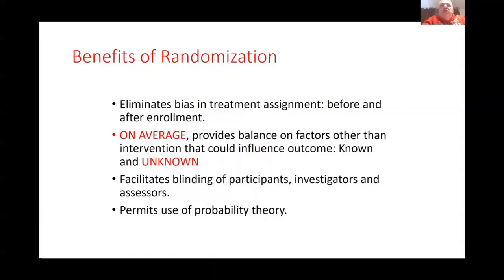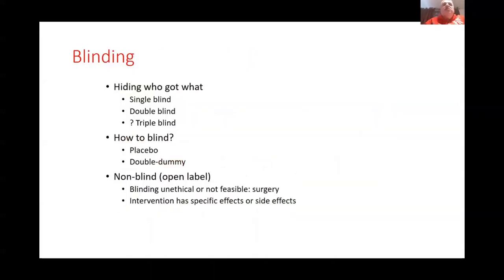This is very important: neither the participants, the investigators, nor the data collectors should know to which group the participants belong, in order to keep the data protected from bias. It also permits use of probability theory. So all these four advantages are the benefits of randomization.